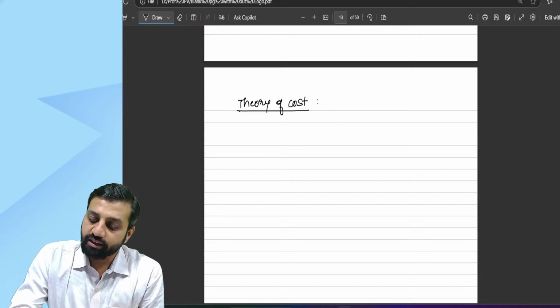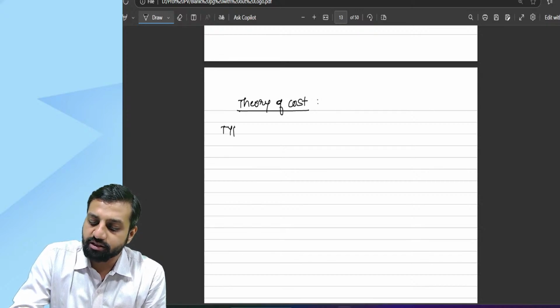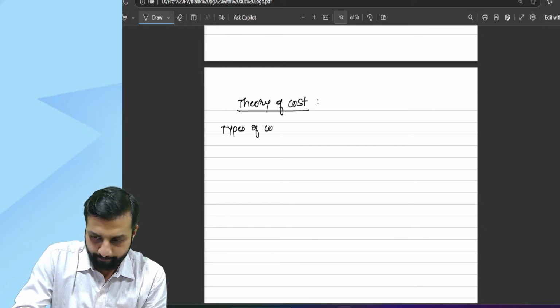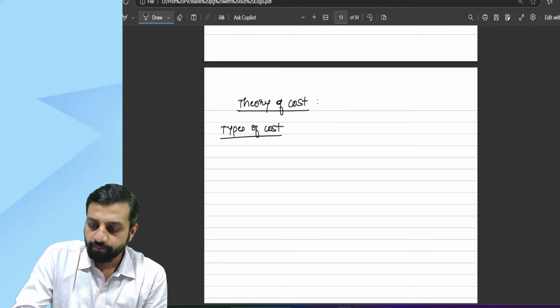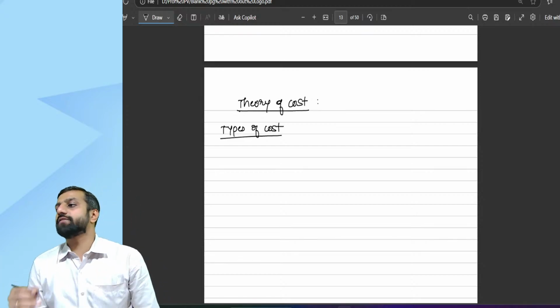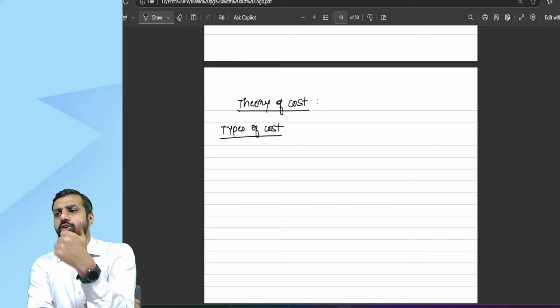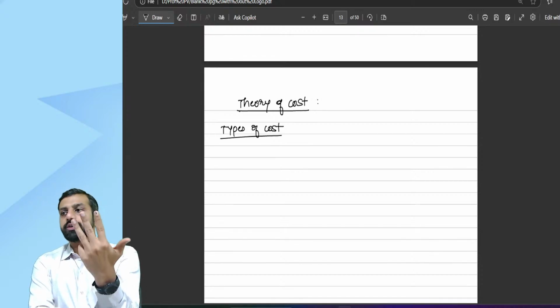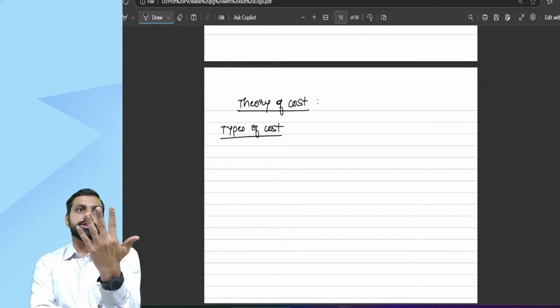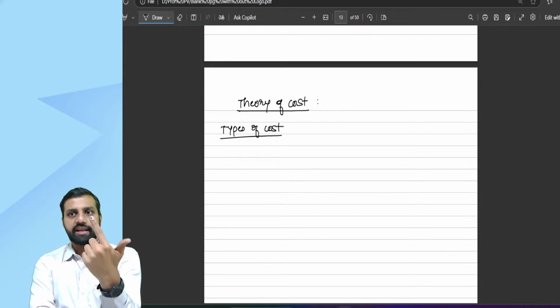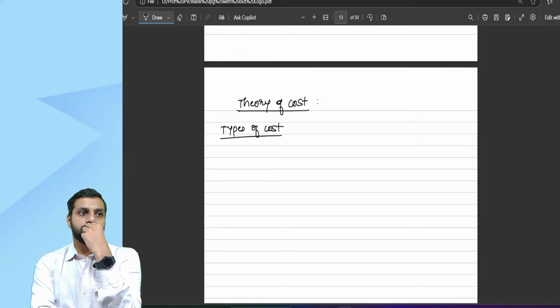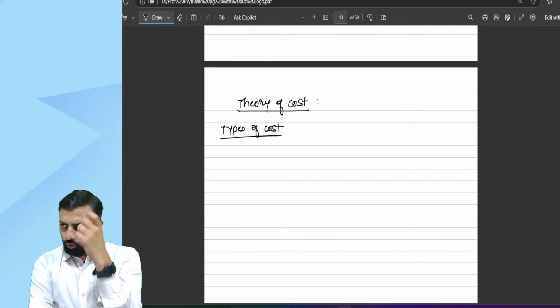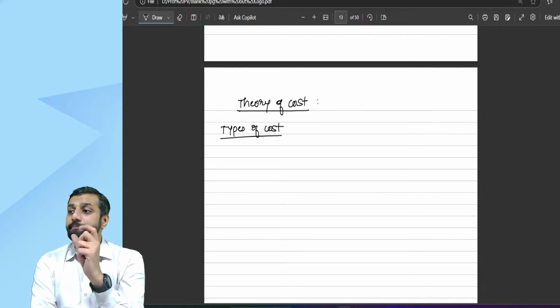So beta, in theory of cost, there are certain types of cost. Is there any cost in which you have a doubt? Explicit cost, implicit cost, economic cost, opportunity cost, outlay cost, direct, indirect, incremental cost.